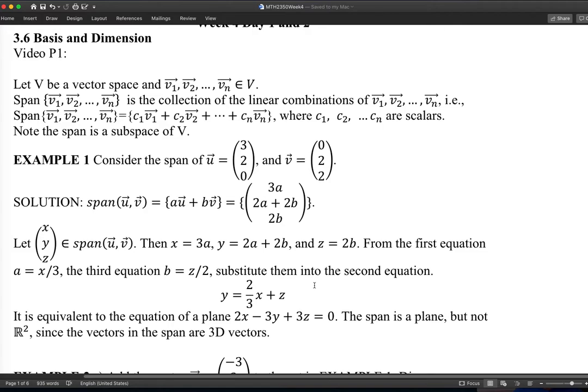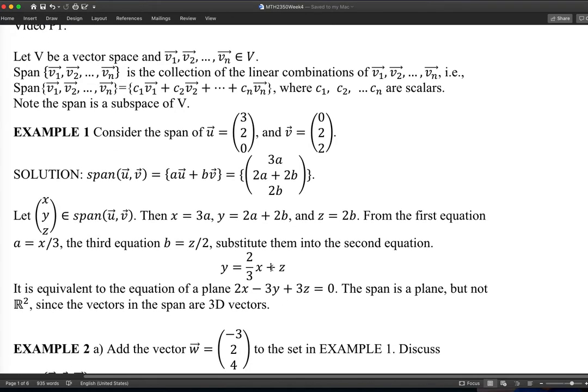It is not the xy plane we usually talk about, the R2. It is just a plane in three-dimensional space. That is the span of a set: a collection of all linear combinations. We figured out that two three-dimensional vectors span a two-dimensional plane in three-dimensional space.